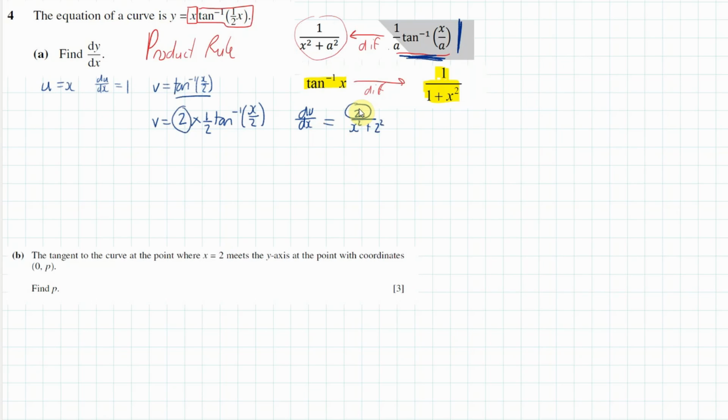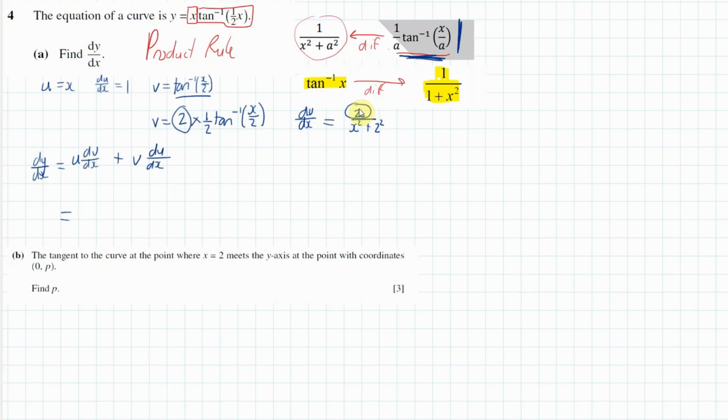Now, simply from this point, I know that dy/dx overall is going to be u dv/dx, this is my product rule, plus v du/dx. Alright, what's u? x, and I'm going to times that by dv/dx.